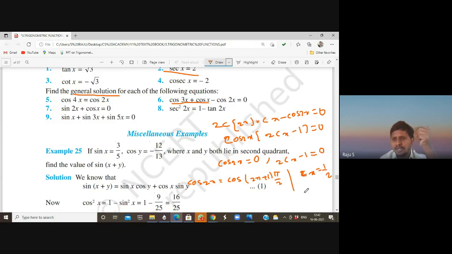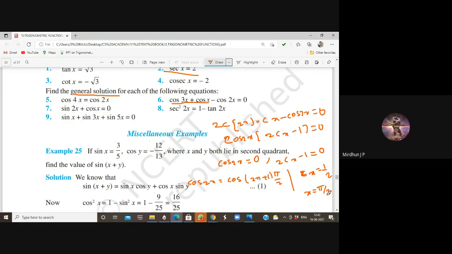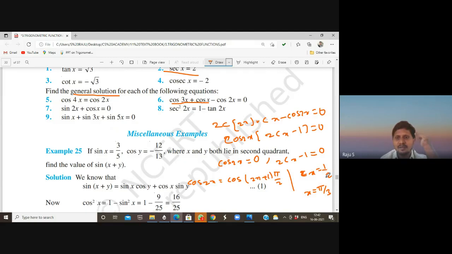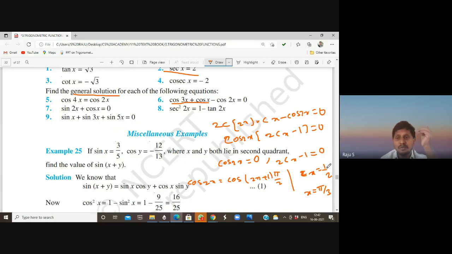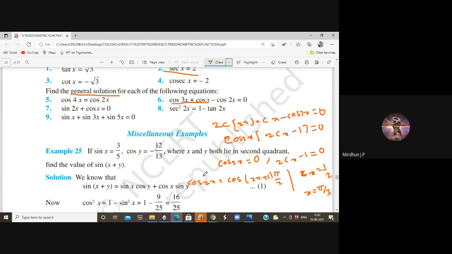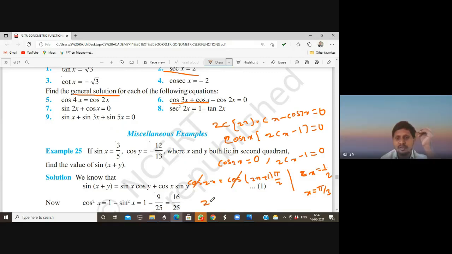We get a particular value of x: cos x is equal to 1 by 2 means pi by 3, not pi by 4, since 1 by root 2 would be 45 degrees. Sorry, it is 1 by 2. So the general solution is 2x equal to (2n plus 1) into pi by 2. Okay, this question we'll discuss after lunch.